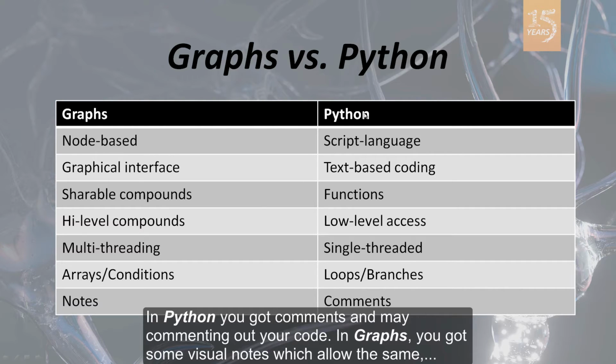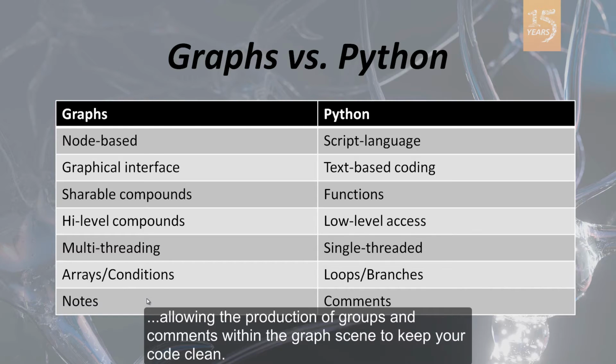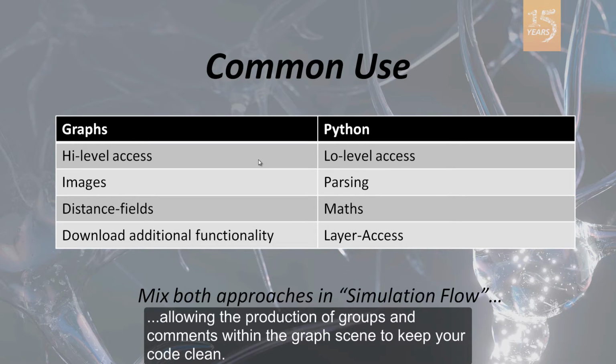And another similarity, for example, is that in Python you got comments for commenting your code, and in graphs you got some visual nodes which do basically the same, making groups and comments within the graph scene to keep your code clean.